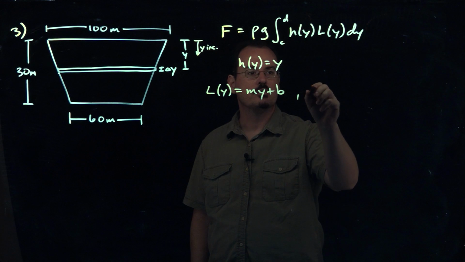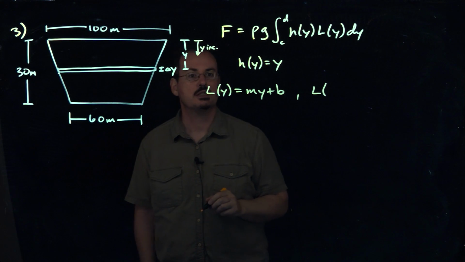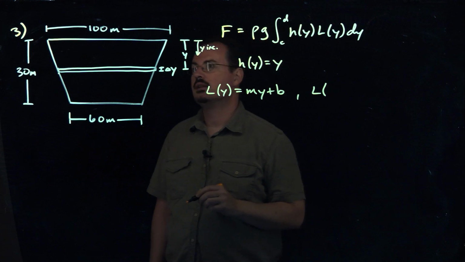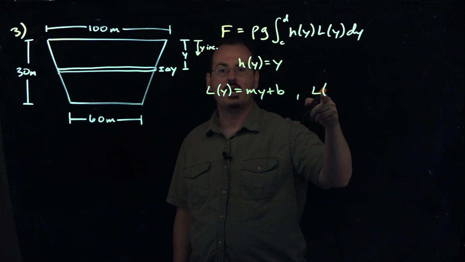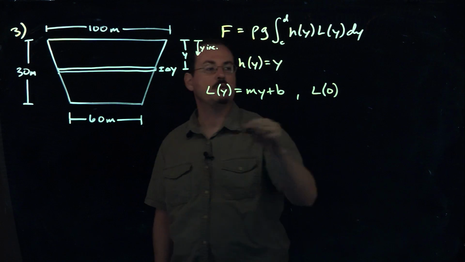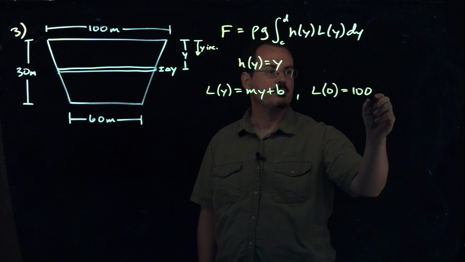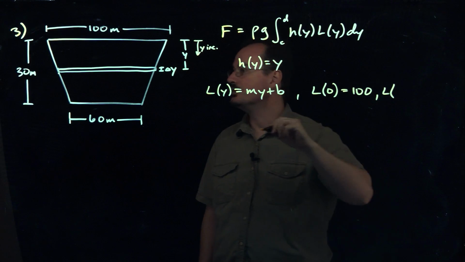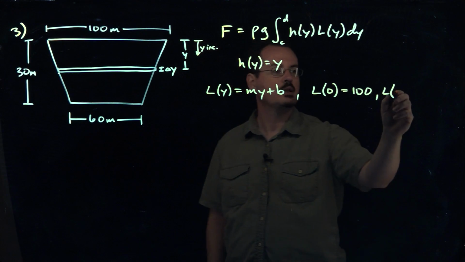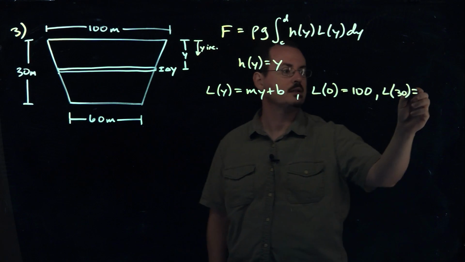We've got a couple of points that we can use for this particular function. When y is equal to 0, the length is 100 meters. And when y is equal to 30, the width of this thing is 60.